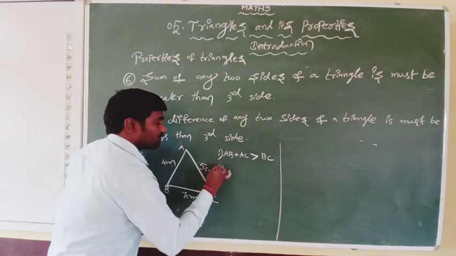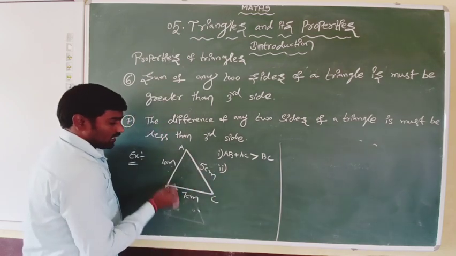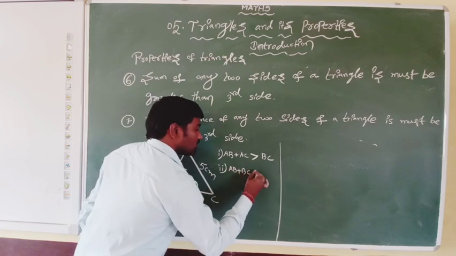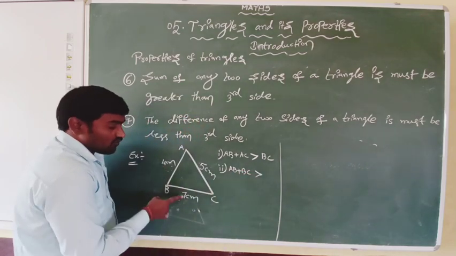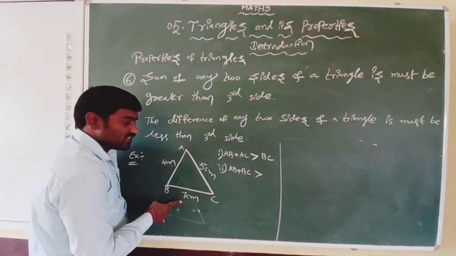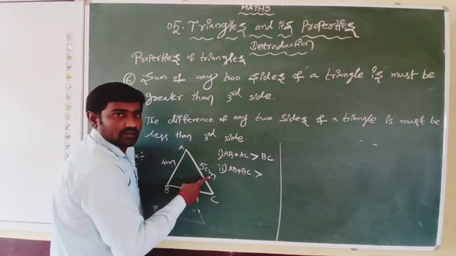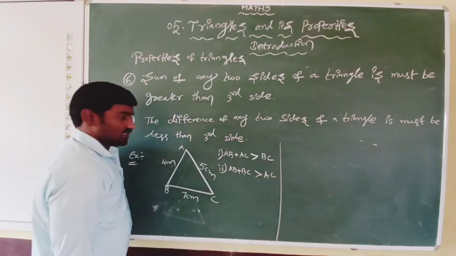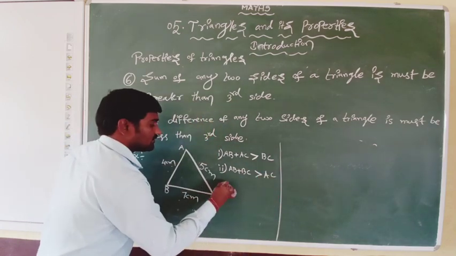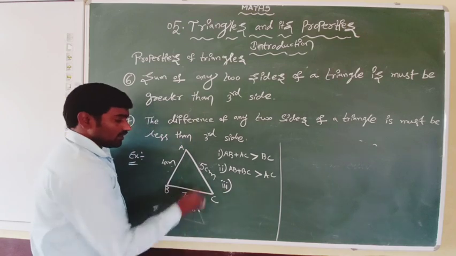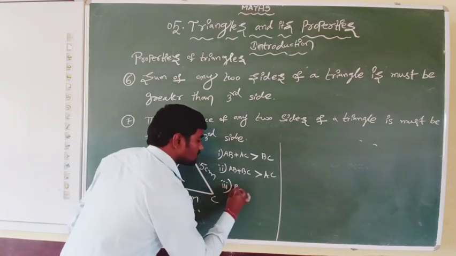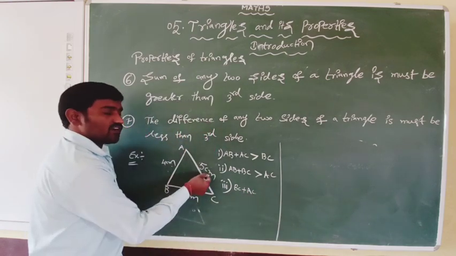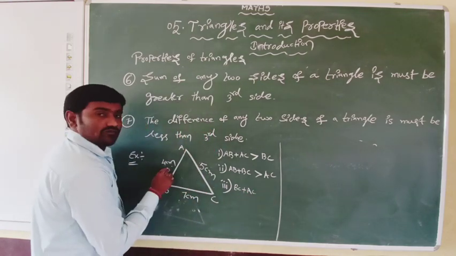Then the second one. Let us add these two sides now. AB plus BC. 4 centimeter and 7 centimeter. That is 11 centimeter. 11 centimeter is greater than 5. So yes, that is greater than AC. Then the third condition. BC plus AC. 7 centimeter plus 5 centimeter, that is 12 centimeter. 12 is greater than 4.